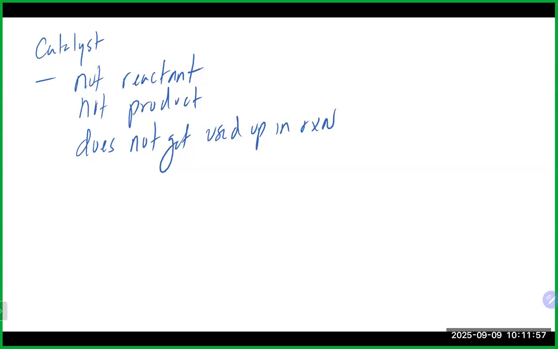It can find an alternative pathway for that particular reaction to happen, a more efficient energy pathway, if you will. A lot of times, you see the catalyst written on top of the arrow. It could be a solid catalyst, an aqueous acid type catalyst, or something like platinum.